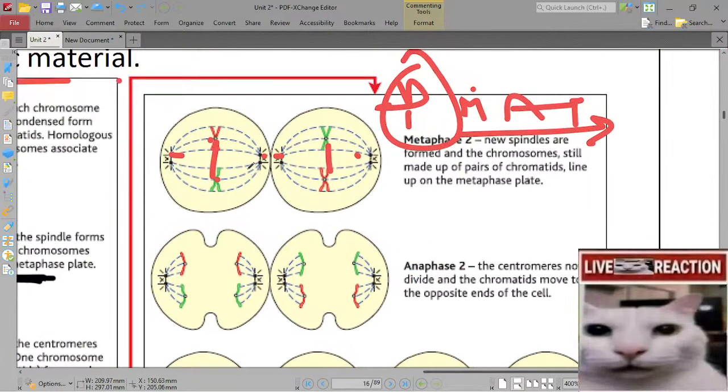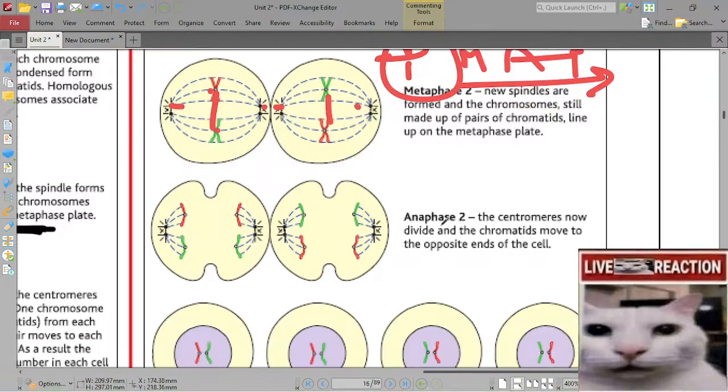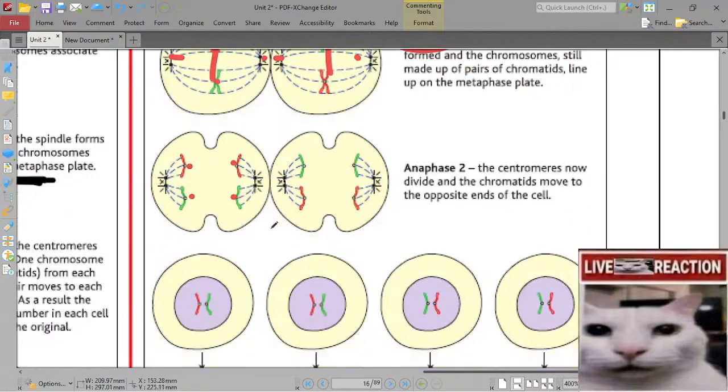So yes, they bind to the centromere, and then begin to pull. Because the binding is happening at metaphase, and then they pull in anaphase, which splits the chromatids apart into chromosomes, right?